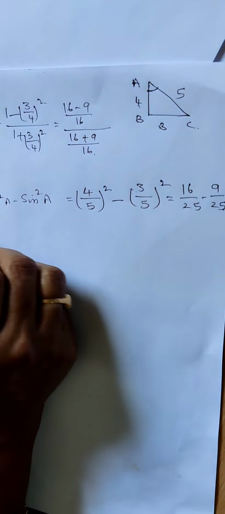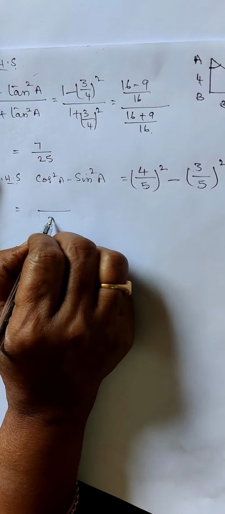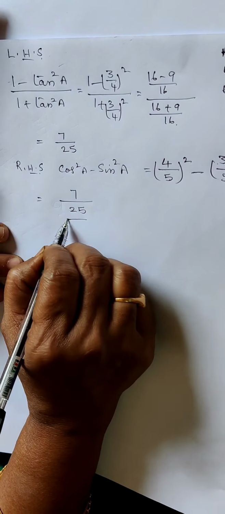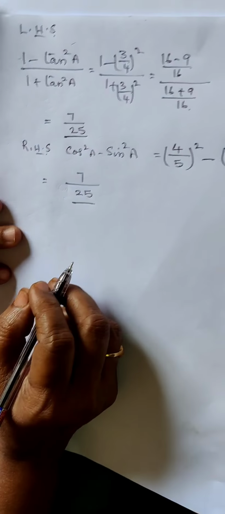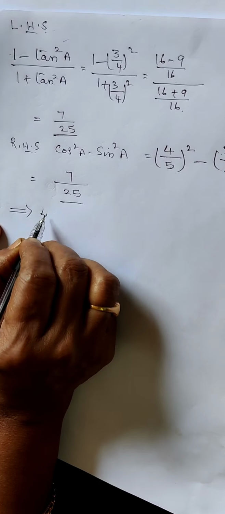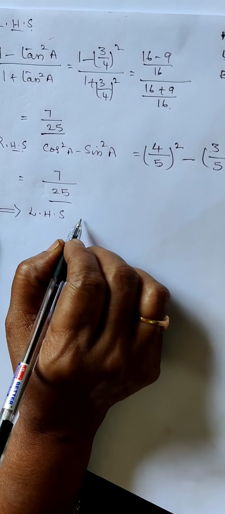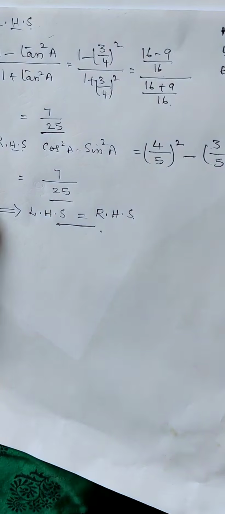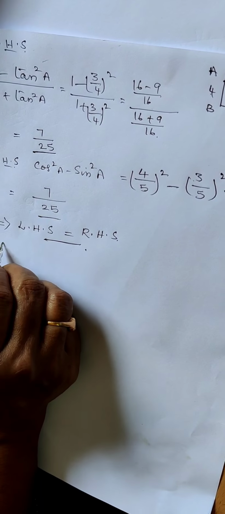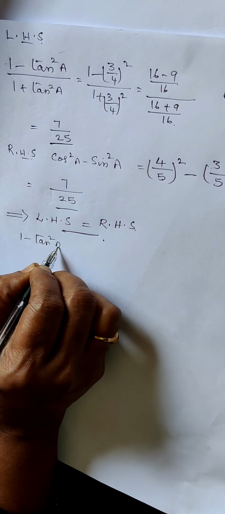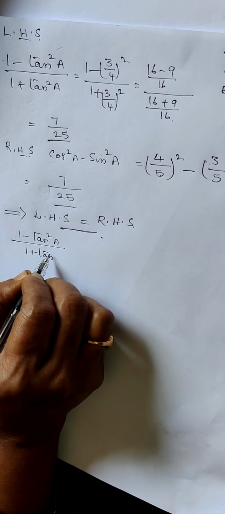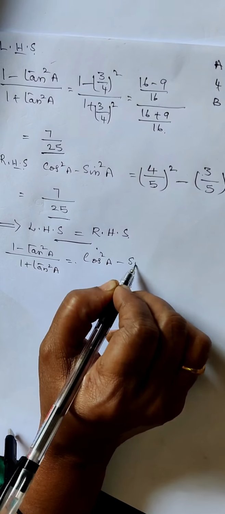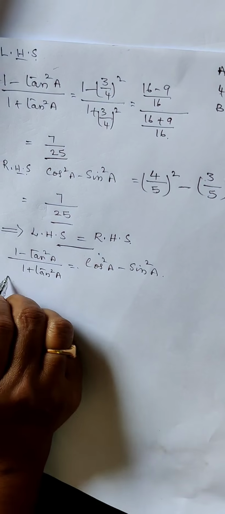Taking the LCM, 25, 16 minus 9 means 7. So RHS is 7 by 25. LHS is also 7 by 25. This implies LHS is equal to RHS. That means 1 minus tan square A by 1 plus tan square A is equal to cos square A minus sin square A. Hence the problem.